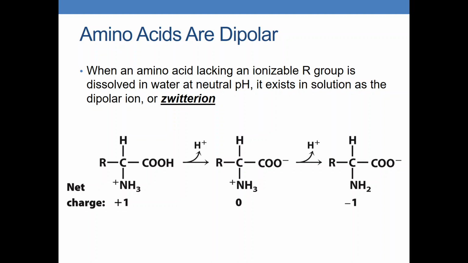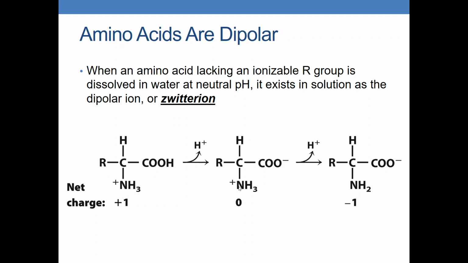I titrate it such that it is higher than my first pKa. So 9.5 for the amino group, 2-ish for the carboxylic acid. Really what I'm doing is raising the pH in this step above 2. When I do that, I promote dissociation of this acidic proton to give the carboxylate, and now I have a neutral species.